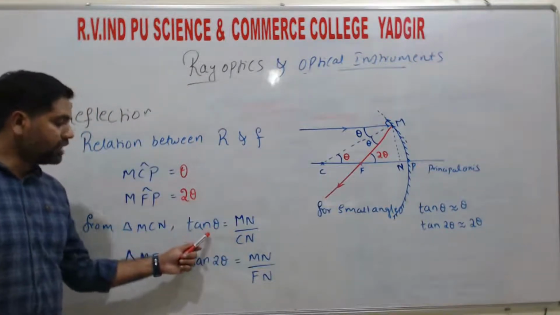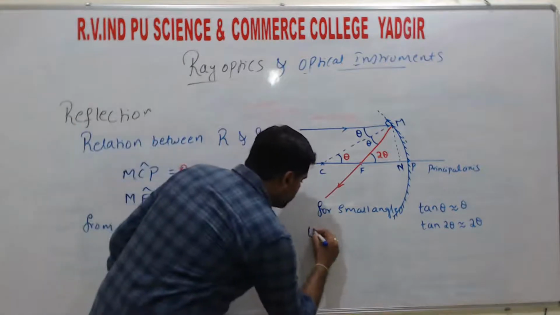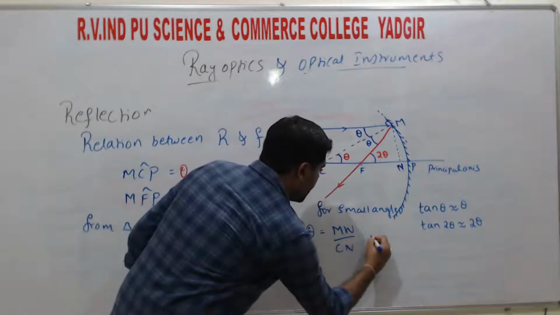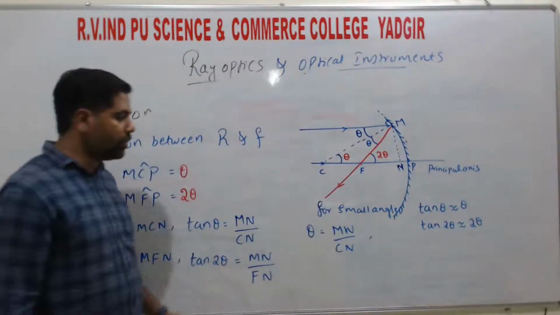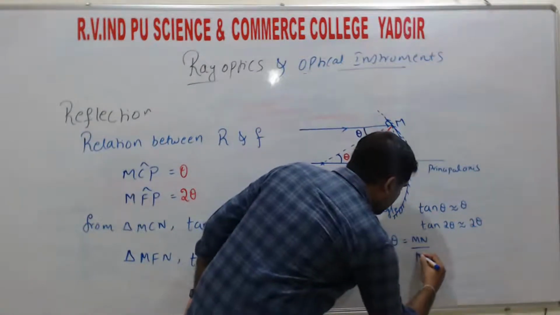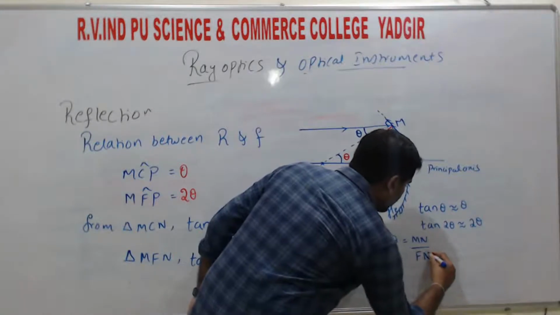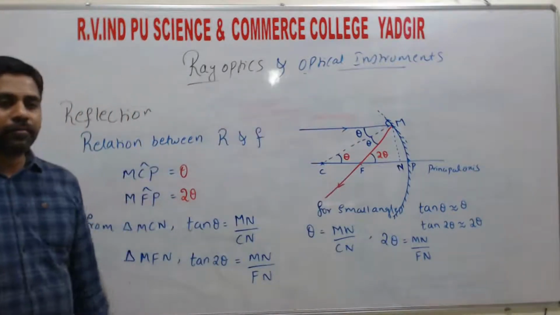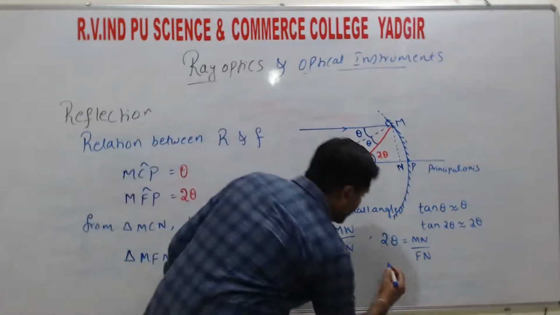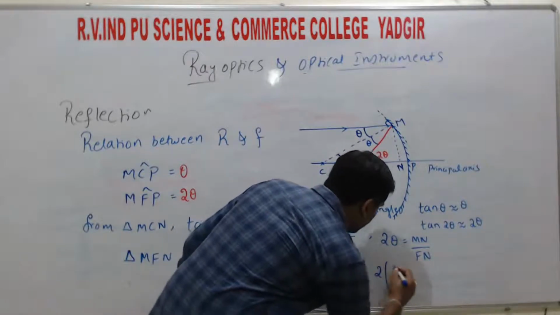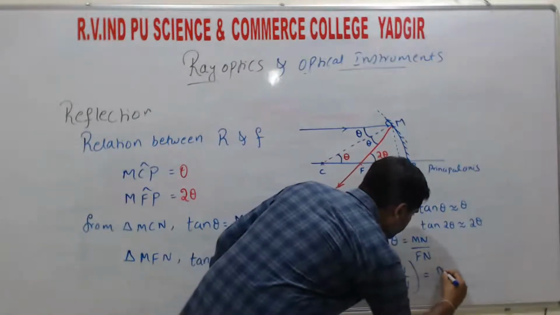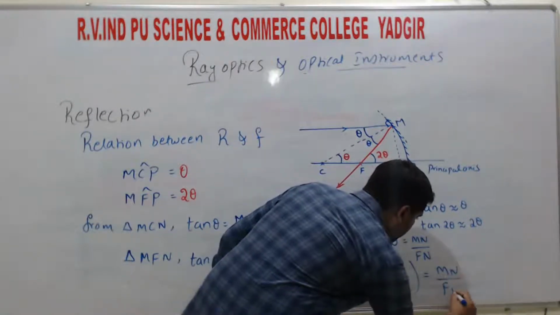So now we can write tan theta as theta is equal to MN by CN, and tan 2 theta can be written as 2 theta is equal to MN by FN, right? So now observe, here we have the value of theta. Now we can substitute here, that is 2 into the value of theta, which is MN divided by CN, that is equal to MN divided by FN.